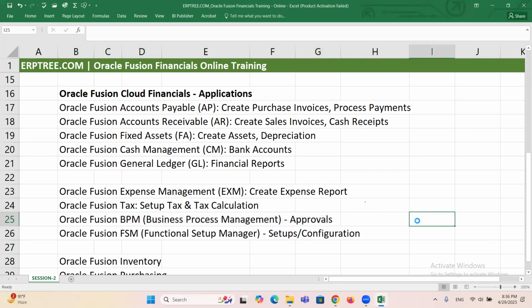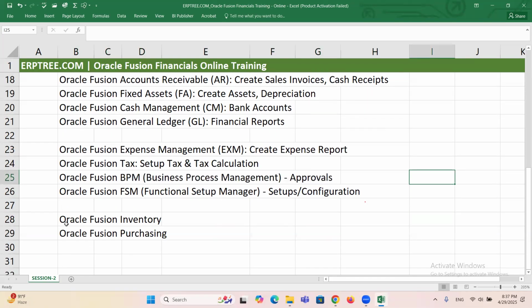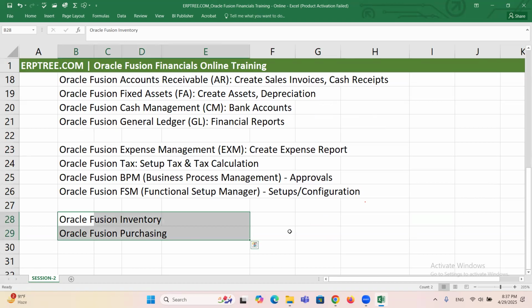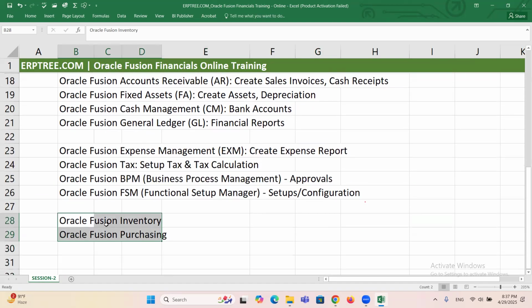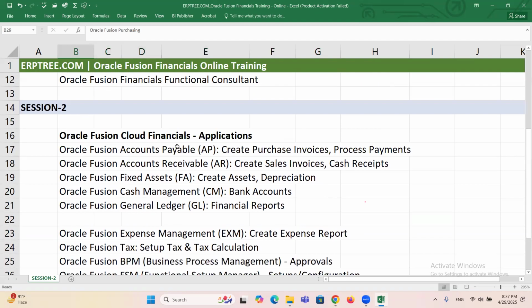Any other questions? About the inventory and the purchasing, will that come under a separate part, or is it included in accounts receivable and accounts payable? No, these applications are connected. When you talk about purchasing, it is connected with payables.